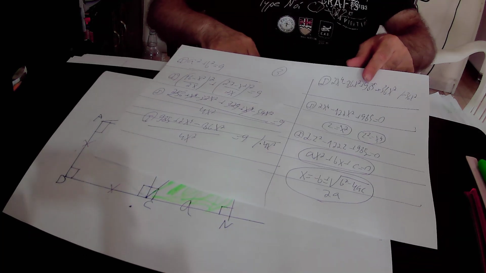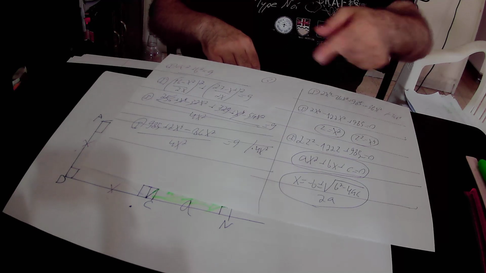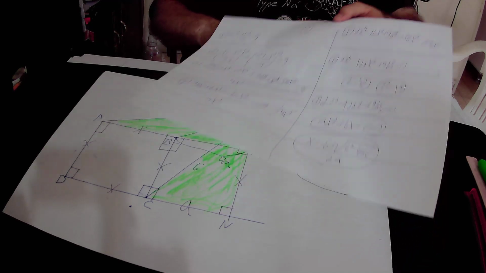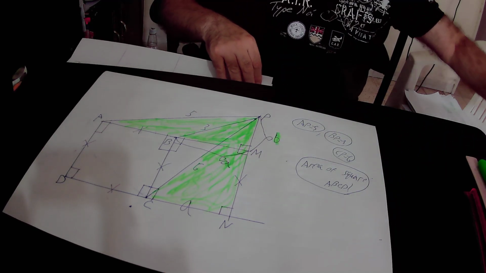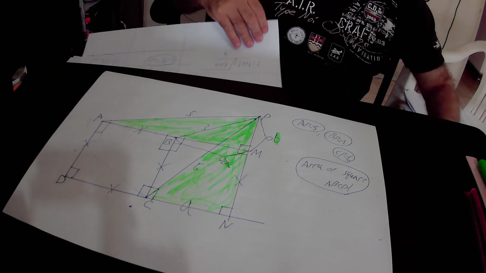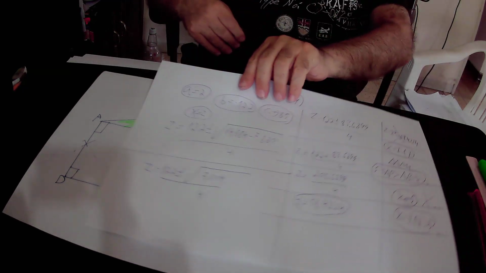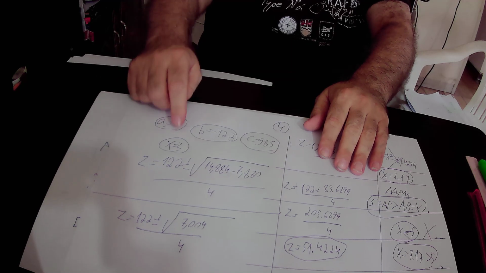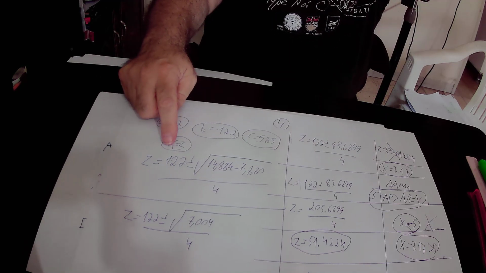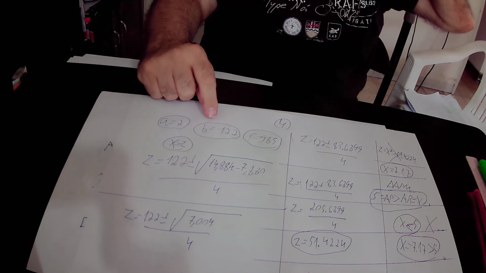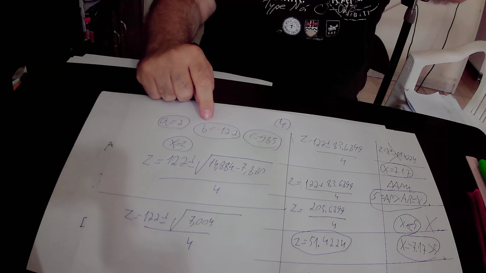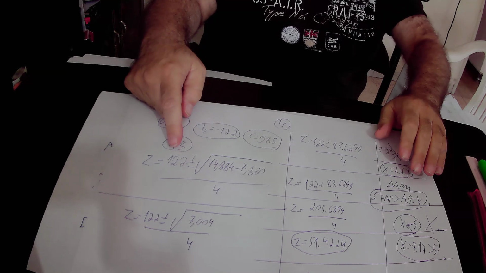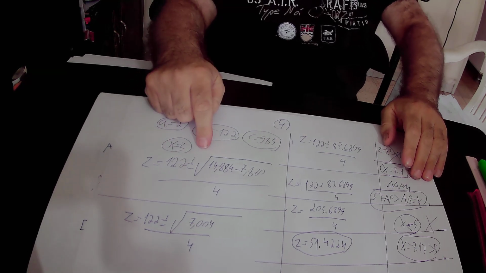So we put the data inside the equation for x and found out the value of z, because z equals x. So here we found out that z equals minus b. B is minus 122, therefore minus b is minus 122, that is plus 122, plus minus square root of b squared.